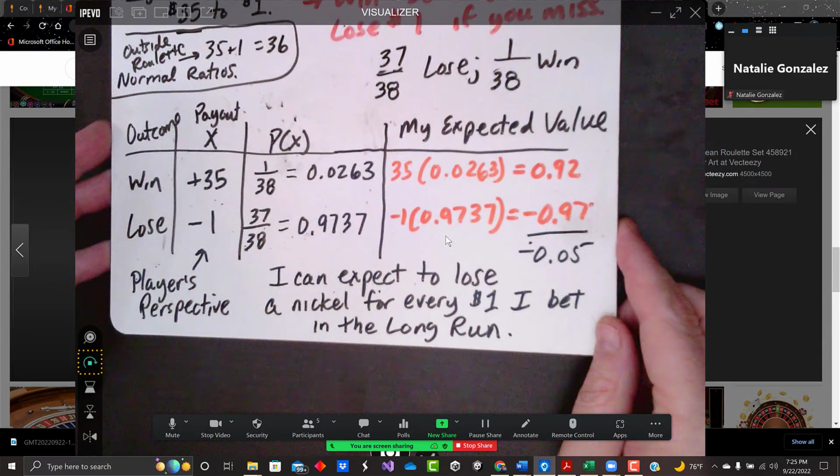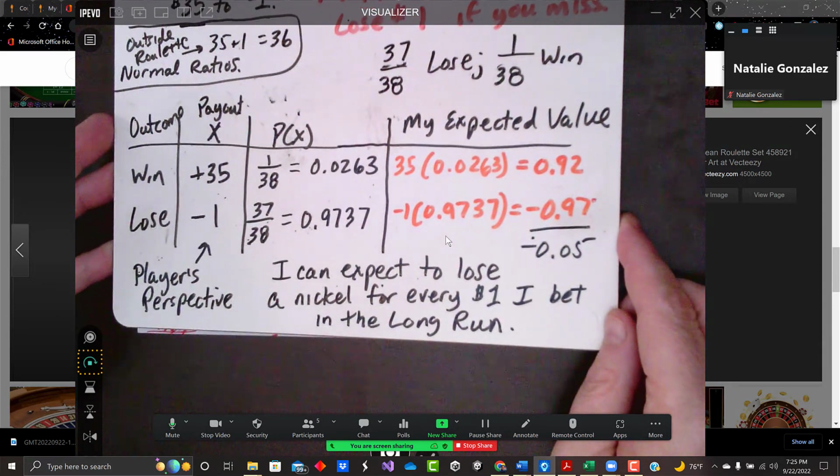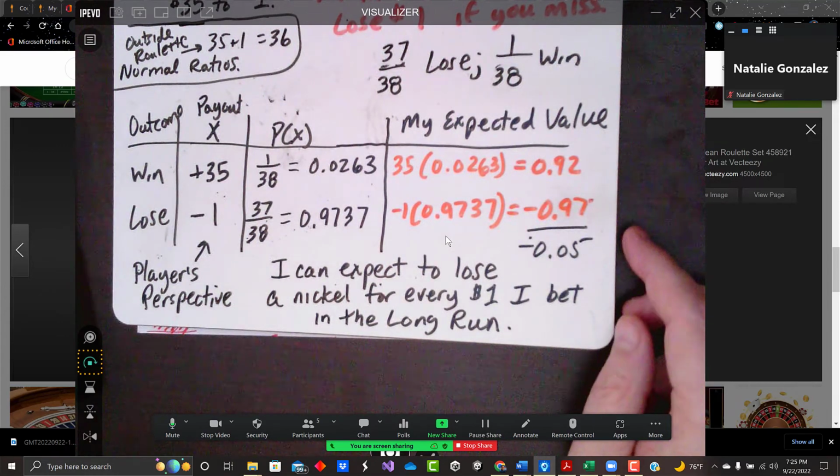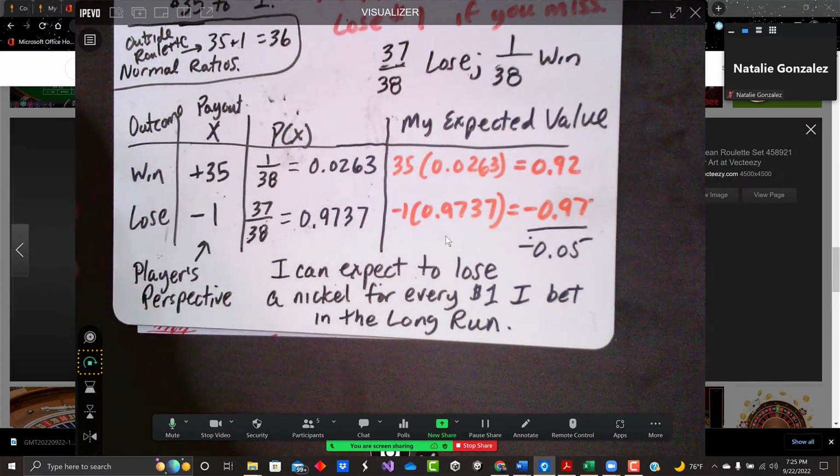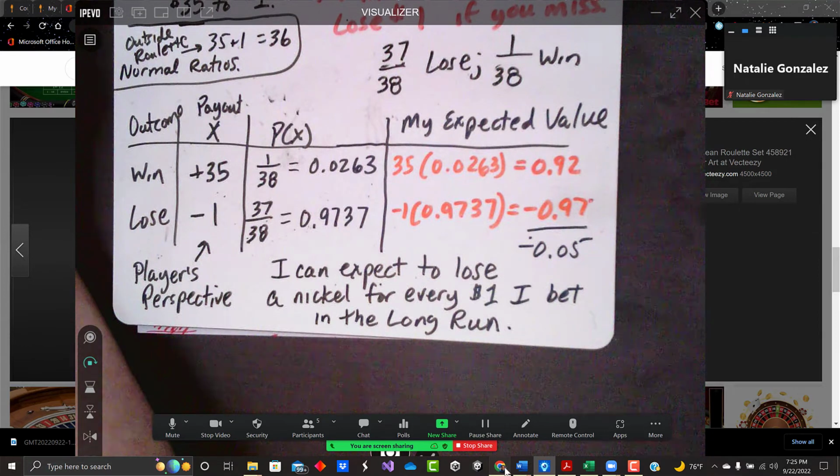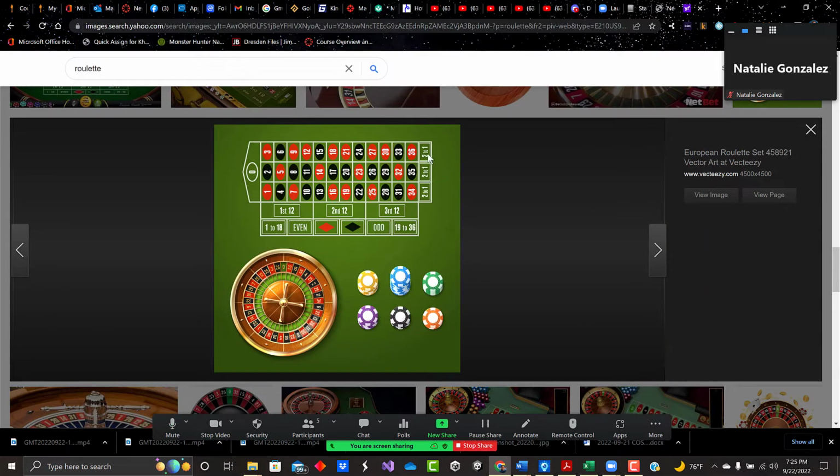The interesting thing about roulette is it doesn't matter what bet you make on that table. Let's go back to the table. Doesn't matter if you bet the 2 to 1. It doesn't matter if you bet third 12. Doesn't matter if you bet on a single number or one of these even money ones down right here. These are the 2 to 1 is the rows.